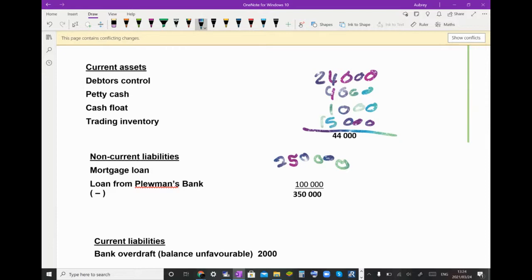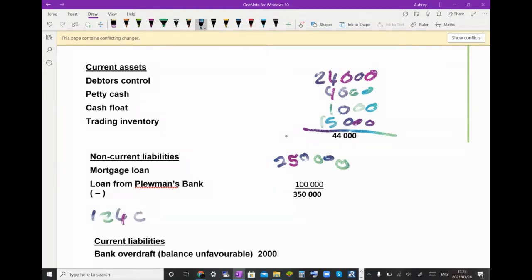Typically, you just look at that Puman's Bank and you just say 124,000. But as she highlighted, we actually need to remove that 24,000. Why? Because they said it's redeemable. Therefore, this is something that's due within this financial period. So we need to remove that. It's not a non-current. It's actually a current.